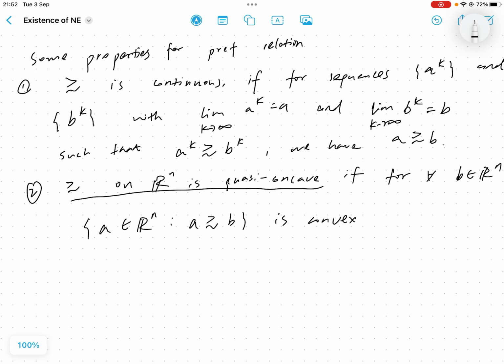In this case, we mean that the preference relation on R^n is quasi-concave.